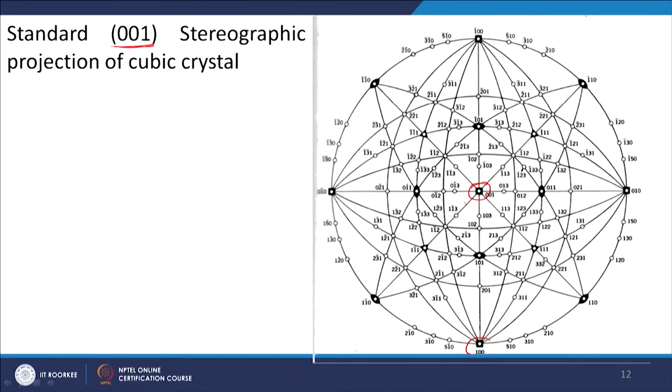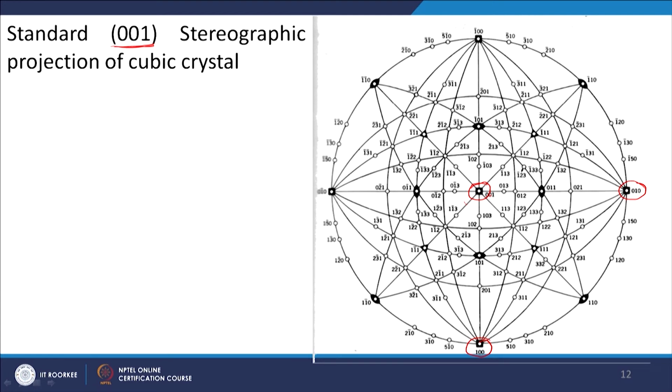You have 100 at one end and 010 at the other end, and there is a 90 degree relationship between the two. The other poles I am not showing right now, because in the next lecture we will see how I can use this stereographic projection to plot a standard stereographic projection like what you are seeing here.